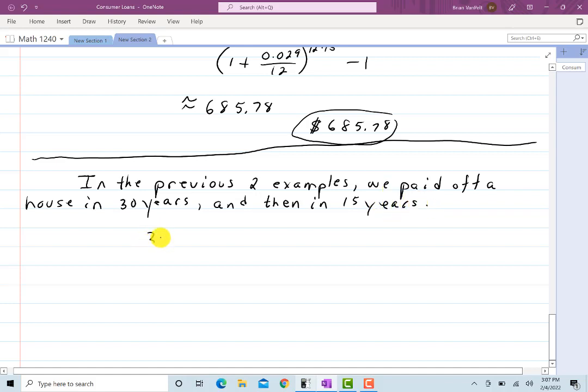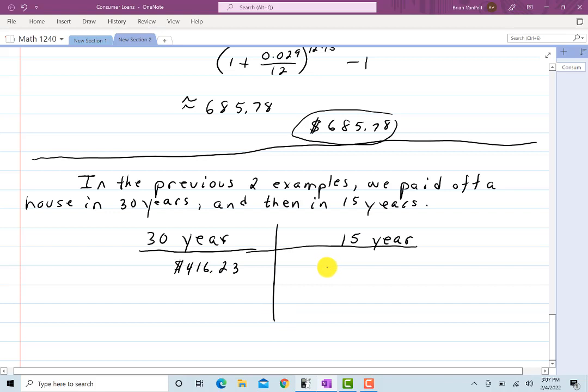So let me put this down. For the 30-year loan, our payments were $416.23. For the 15-year loan, we have $685.78. Now let's take a look and see how much you actually paid for the house.